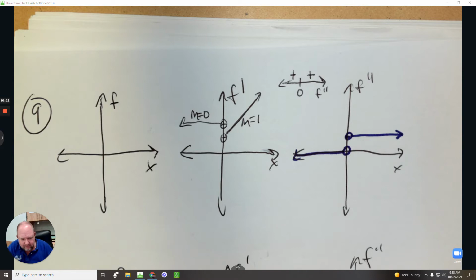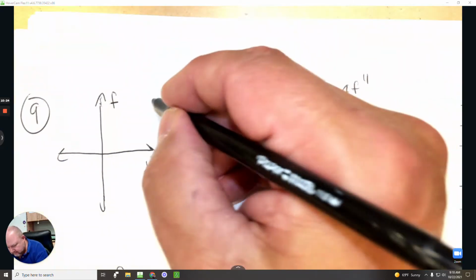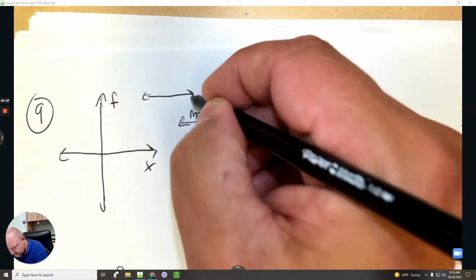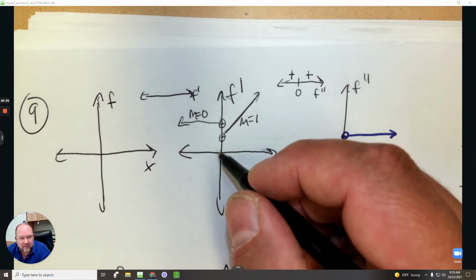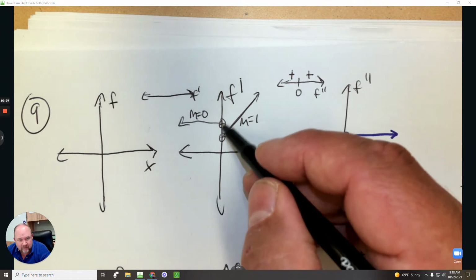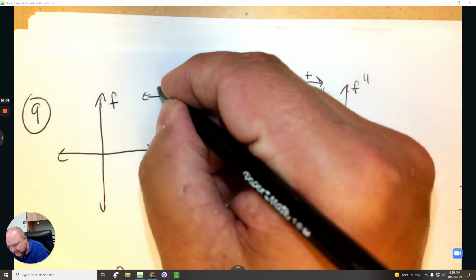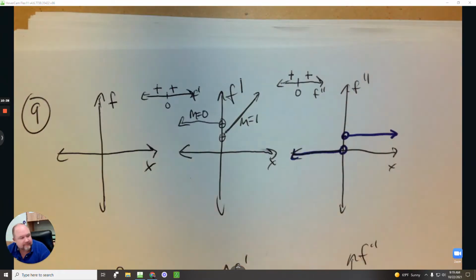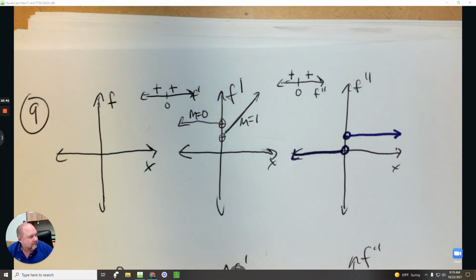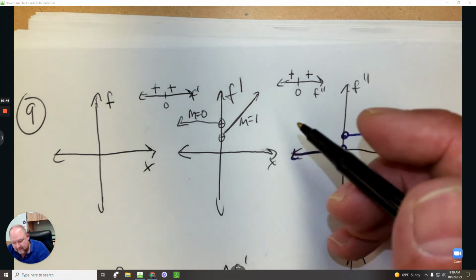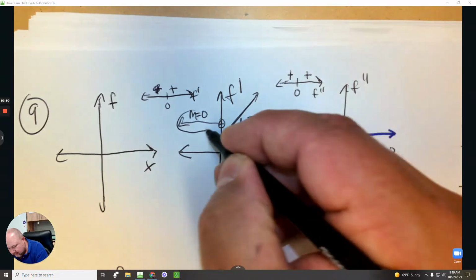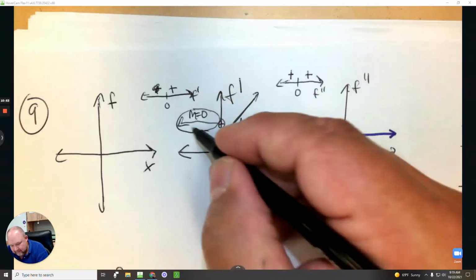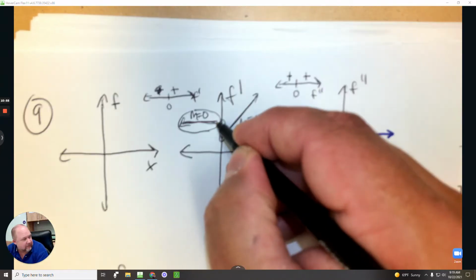Now, I'm also going to draw a number line for the first derivative. And then for the first derivative, again, I'm just looking for above and below and so on. So it's undefined at 0, and both are above. And in fact, if I look here in terms of increasing or decreasing, this one here is neither, right?